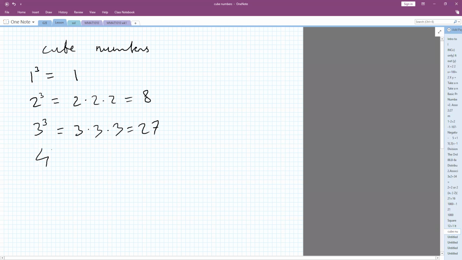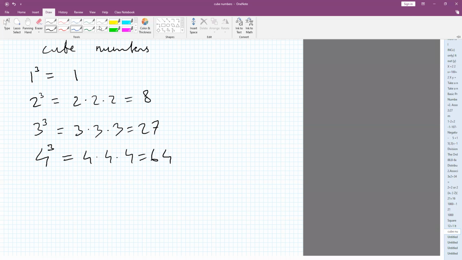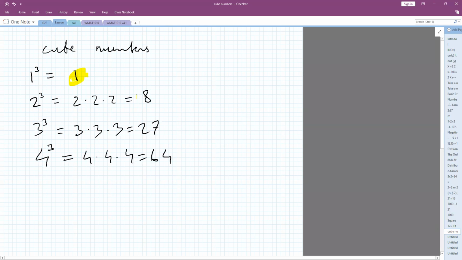One more time, 4 cubed. 4 times 4 is 16, and then if I've got 16, I have to multiply 16 by 4. So 64.